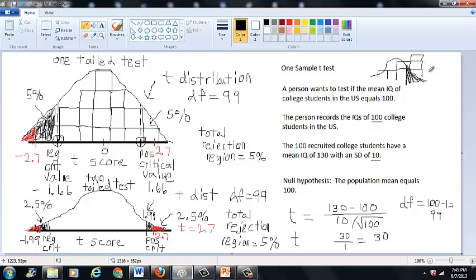So the percent that it gives you is not really the percent of samples beyond your t-score in this case. It's not a valid p-value. That's why it's important for the possible samples to actually fall under this t-distribution curve.